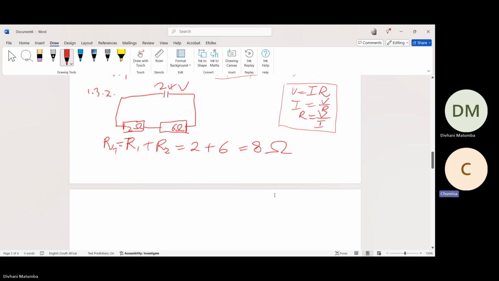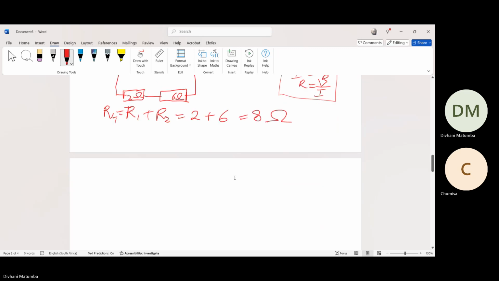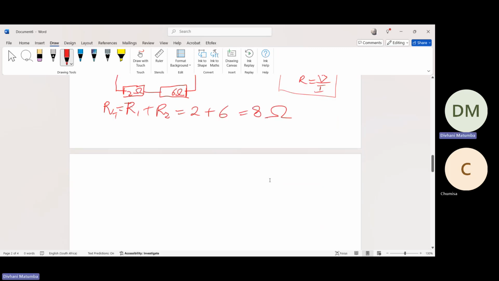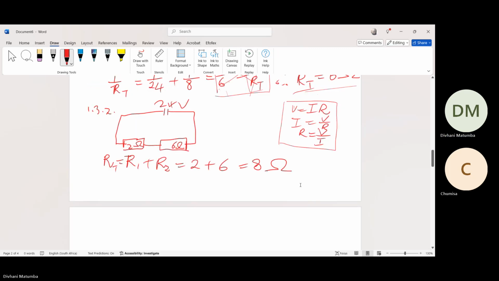Kumis. The thing is, the aim of resolving circuits is to ensure that at the end we have the following.